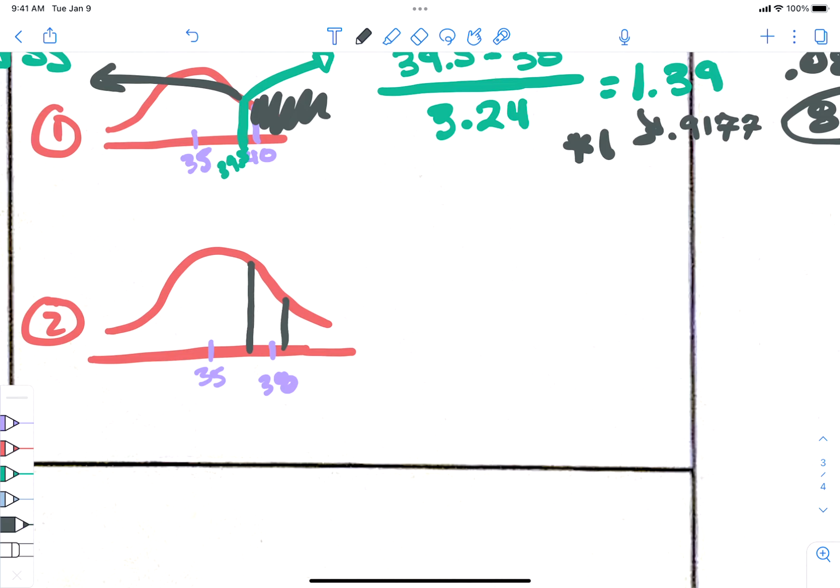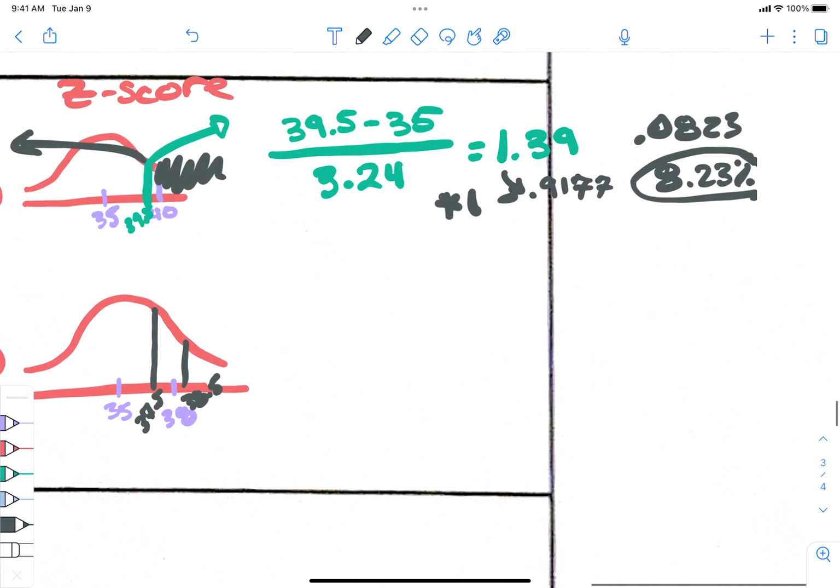That's what I think of here. So we've got to do 37 and a half and 38 and a half. We do 2 of them and then subtract them.